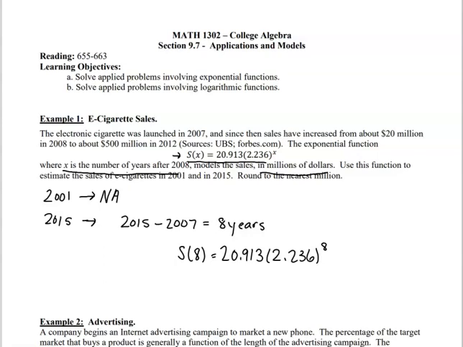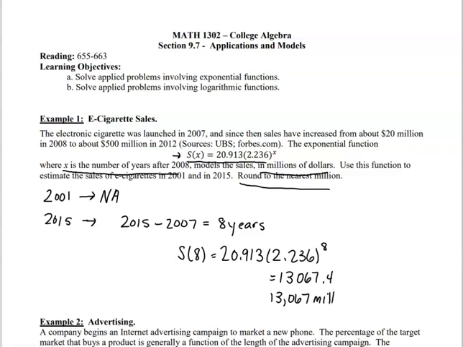And so you're going to use your calculator, and we're going to type that in. Okay, and I'm coming up with 13,067.4.